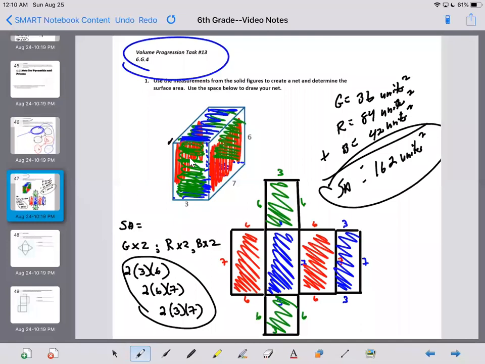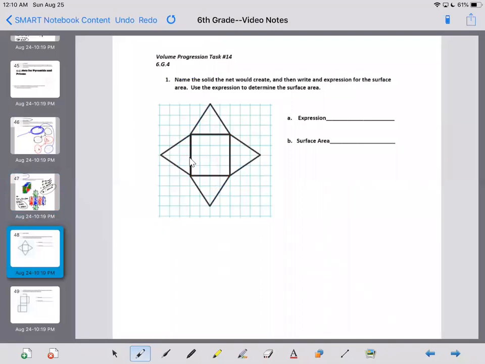All right, in our final task, number 14, we're going to look at 2 different nets, and I want to figure out the expression that I could use to find the surface area, and then I want to actually find the surface area. So notice I've got 4 triangles plus 1 square. So the expression could be 4 multiplied by, well, what's my base? 4.